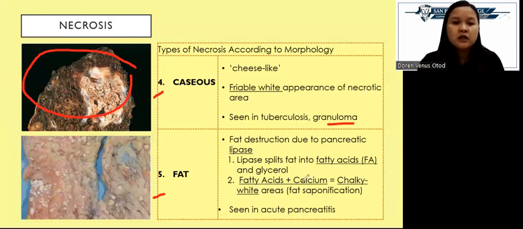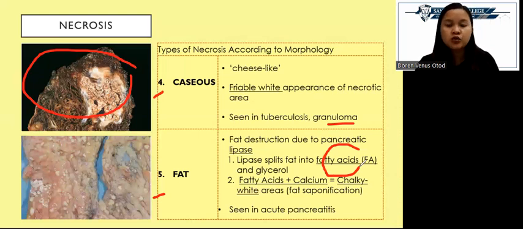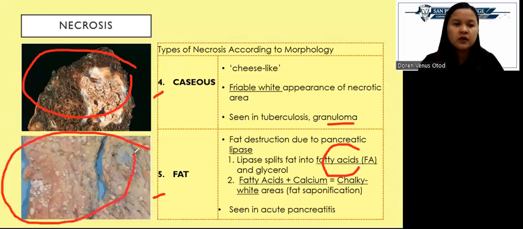And so, the fatty acid that was separated will now combine with calcium, thus resulting in a soap-like appearance, which are replaced by phosphoric acid. So this one can usually be seen in patients with pancreatitis. So this is an example of a mesentery with fat necrosis of adipose tissue or fats.